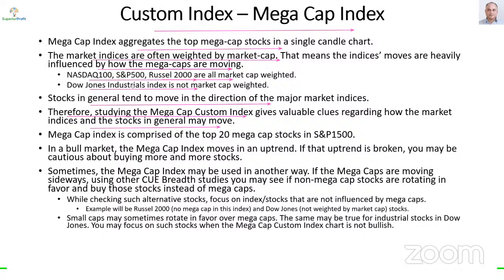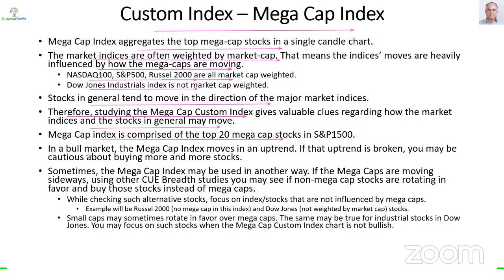Because Russell 2000 don't have mega cap, Dow Jones doesn't have market cap weighting. But other than that, all the indices will move along with the mega cap. And mega cap custom index in Q Global is comprised of 20 biggest mega cap stocks. Not all of them are tech stocks.